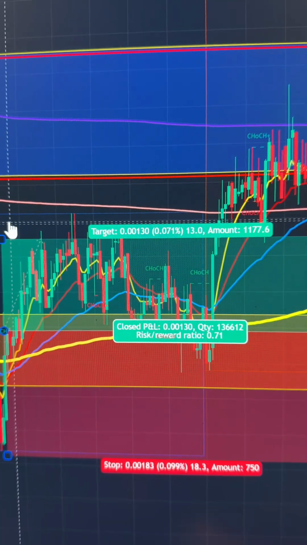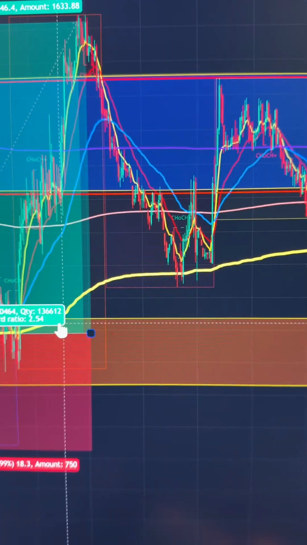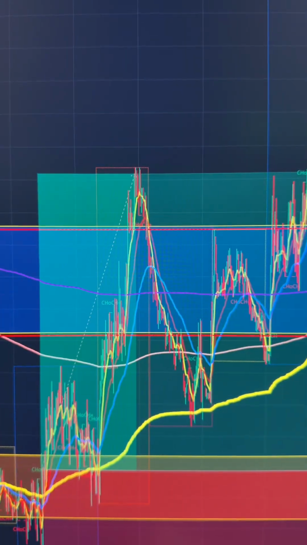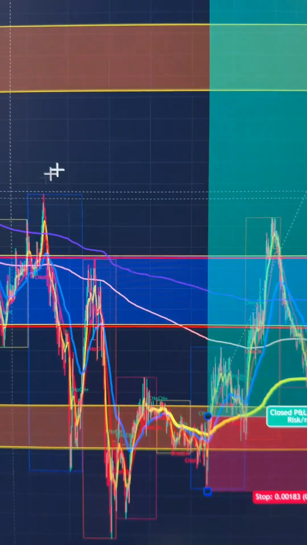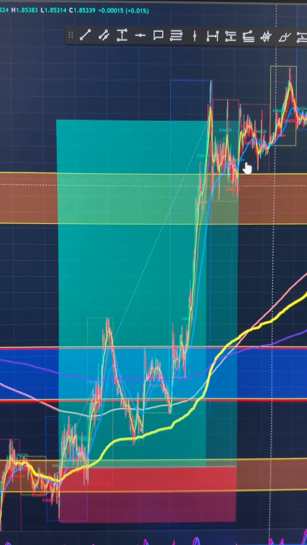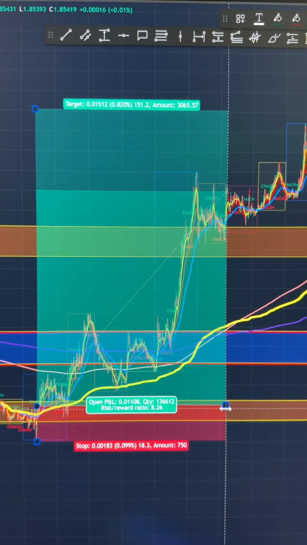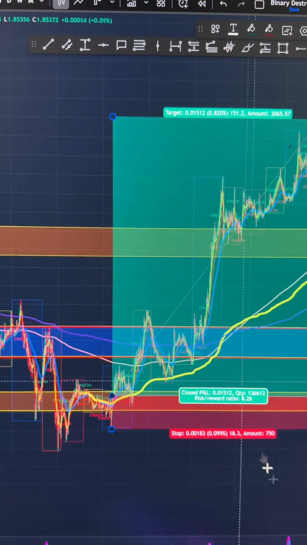And look at this. You would have caught this move right here, guys. But if you'd held that trade, if you like the swing trade, this is the way to go. You could have caught this whole move if you were swinging. As long as price stays above this daily VWAP, you could have caught that move.